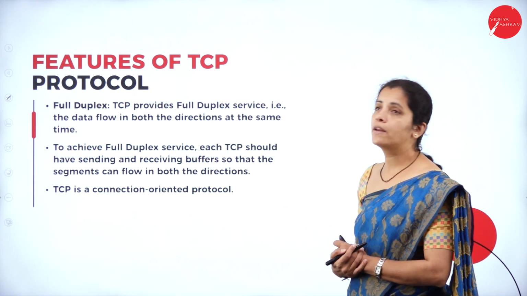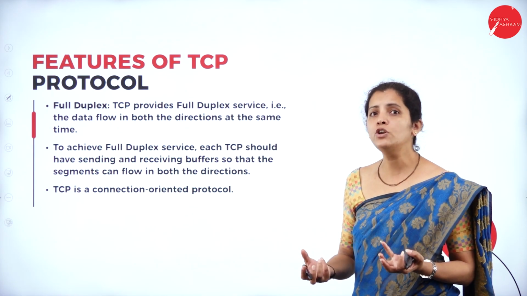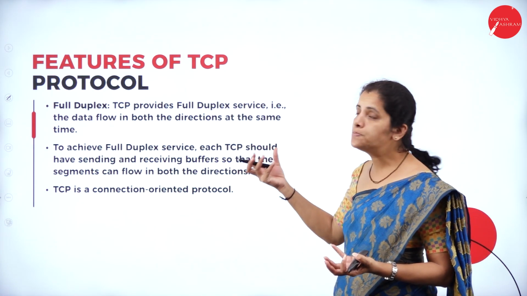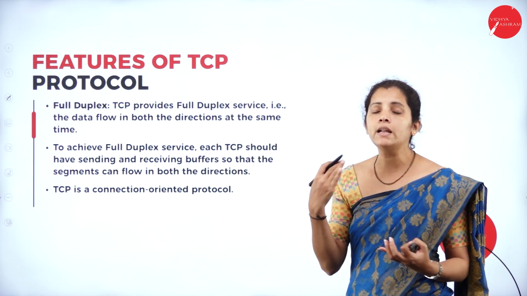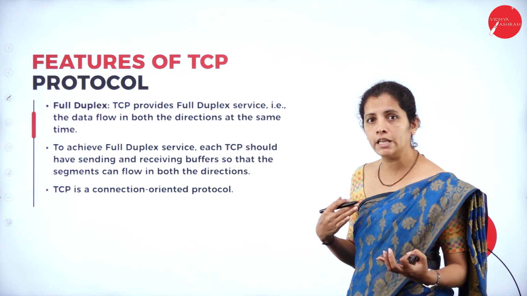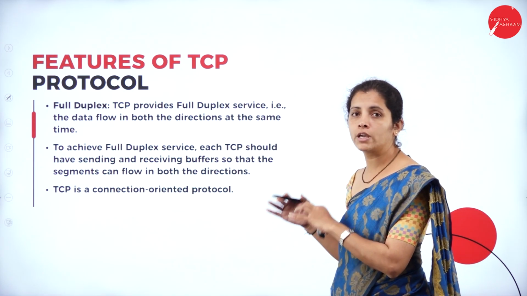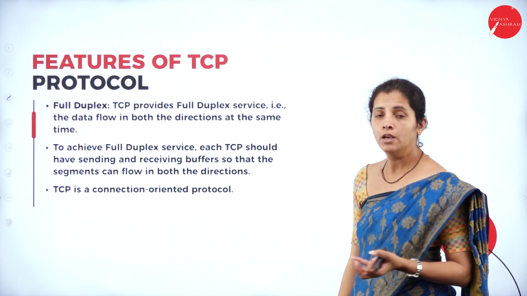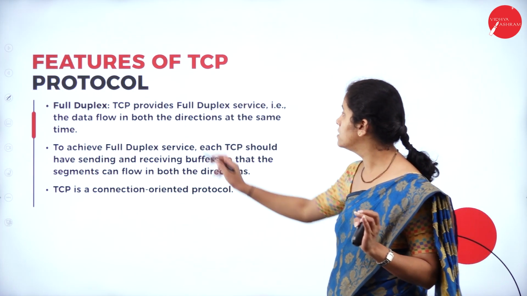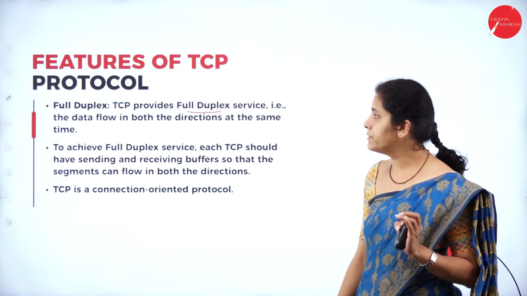Now another one, full duplex. So what is full duplex? It is a transmission mode. So the sender is able to send and receive data simultaneously, and the receiver is also capable of sending and receiving data simultaneously. So TCP provides full duplex service.